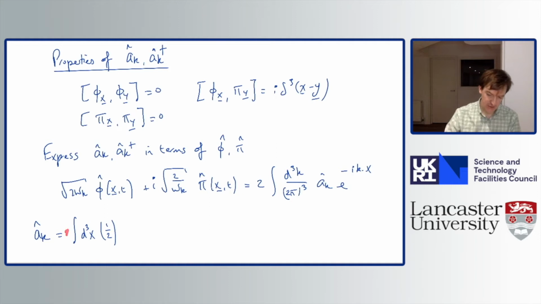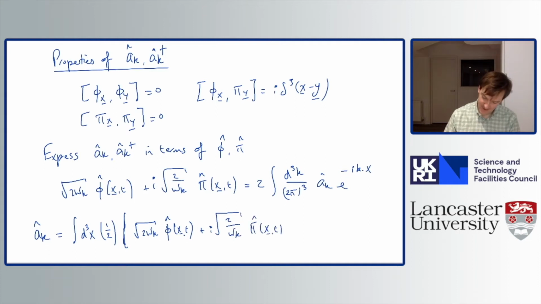There's no 2 pi factors when I do my inverse transform in x. And then I have all of the left-hand side of the term above, and then I need the exponential factor, which is going to be e to the i k dot x. Here I'm using, again, the 4-vector dot product.